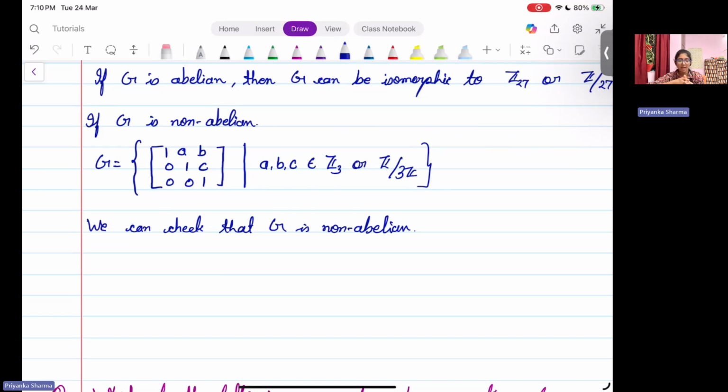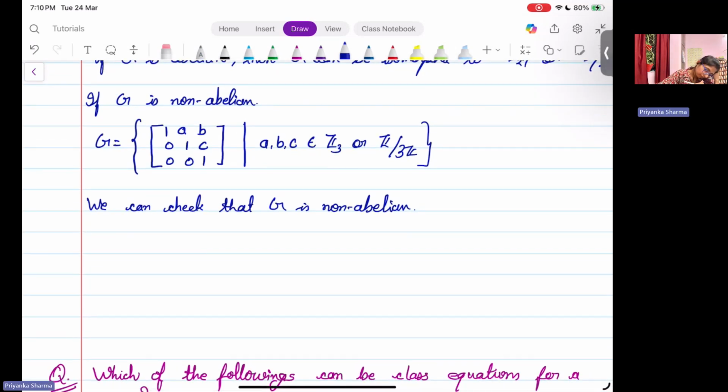So we can have some examples for that. We can choose A, B, and C such that we can have two matrices which are non-commutative. So you can check this.